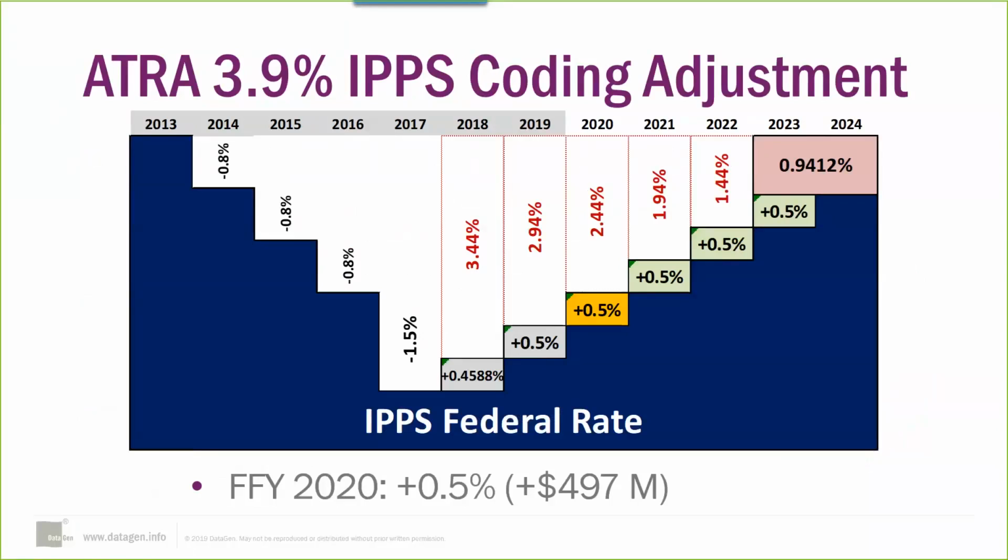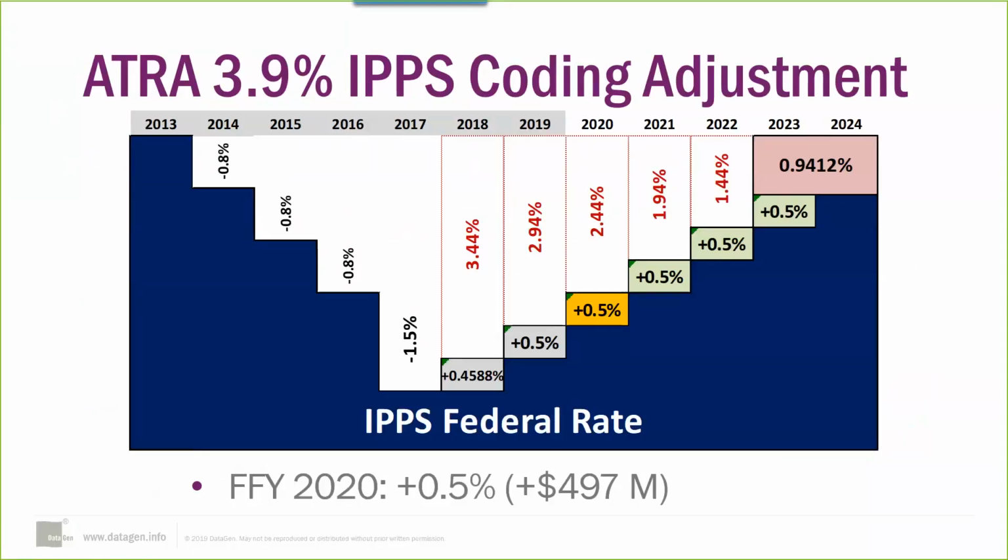Note that under MACRA, Congress, instead of what would have been a 3.9% return in 2018, extended out the return period for this cut over a course of 6 years at 0.5% per year.